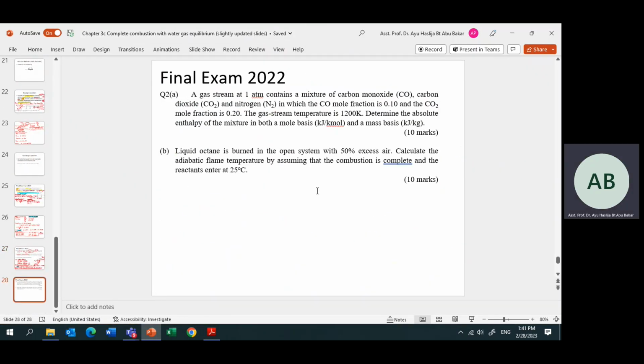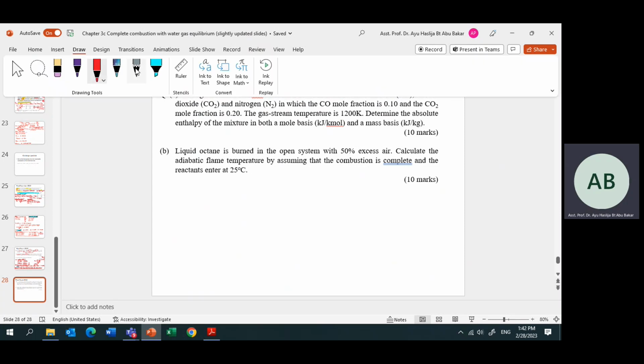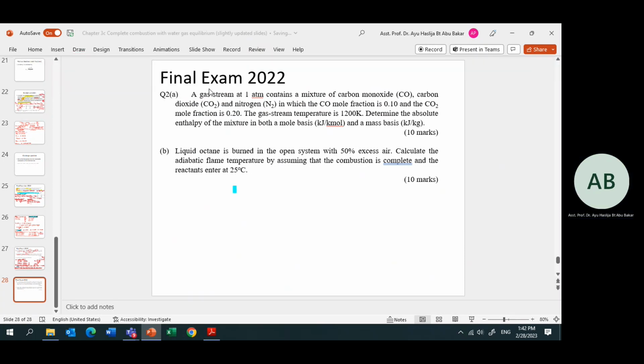Now, this one is also from 2022. You can try this as well. This question gives you a mixture of gases where you have the CO, CO2, and NO. The mole fraction of CO is this, and the CO2 mole fraction is this.